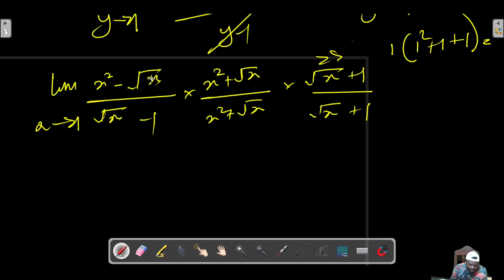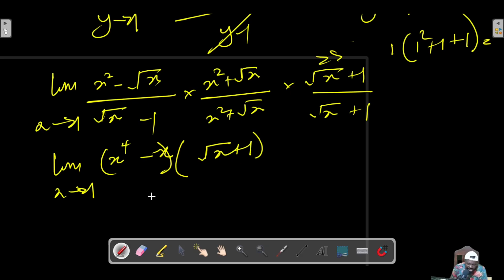So for the numerator, this can be written as a difference of 2 squares. So I'll have the limit as x is approaching 1 of x to the power 4, minus root of x all squared, and that will be x. Just as simple like that. Then I multiply this by the expression root of x plus 1.